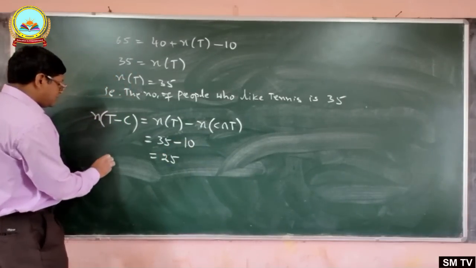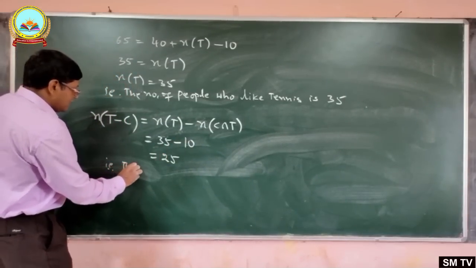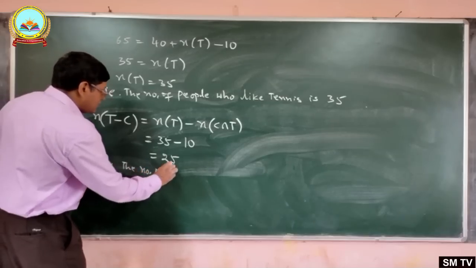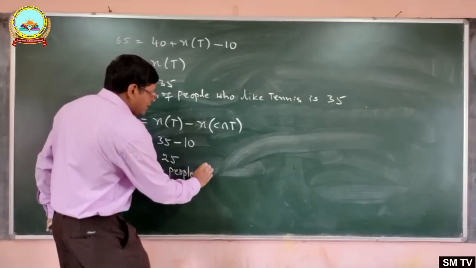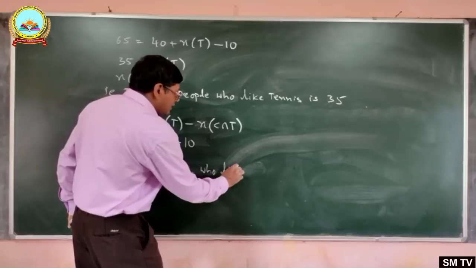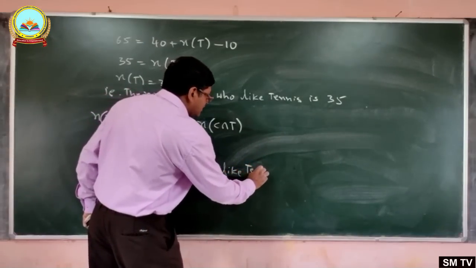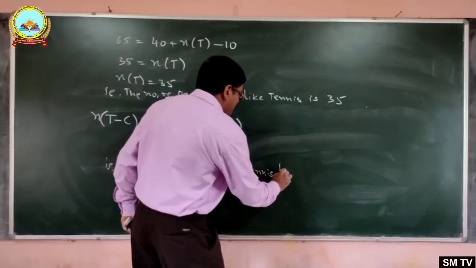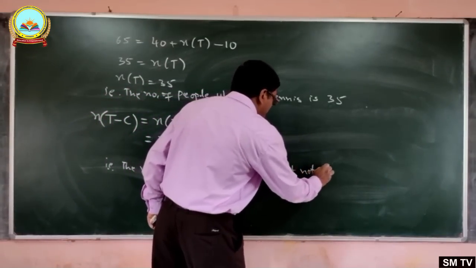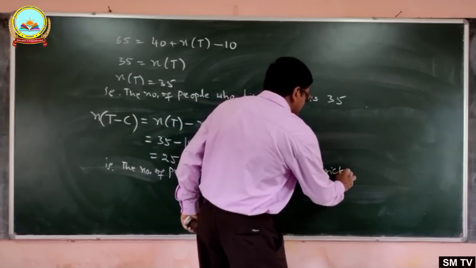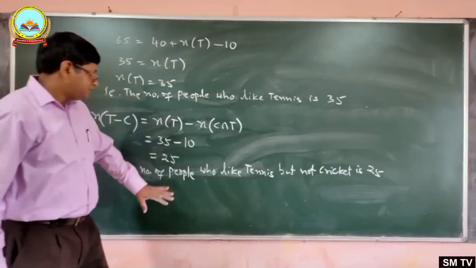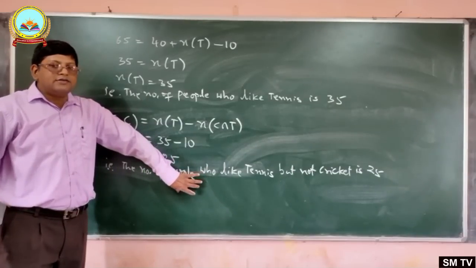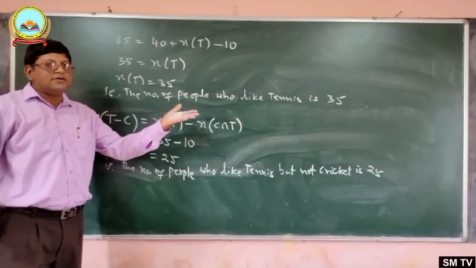That means the number of people who like tennis but not cricket is 25. This is the answer to the first question and 35 is the answer to the second question.